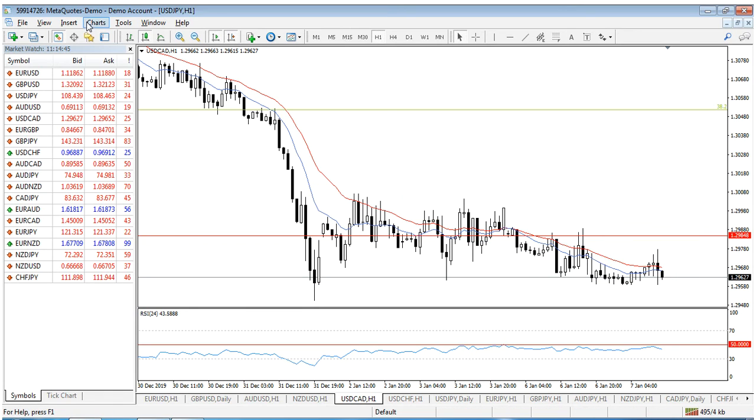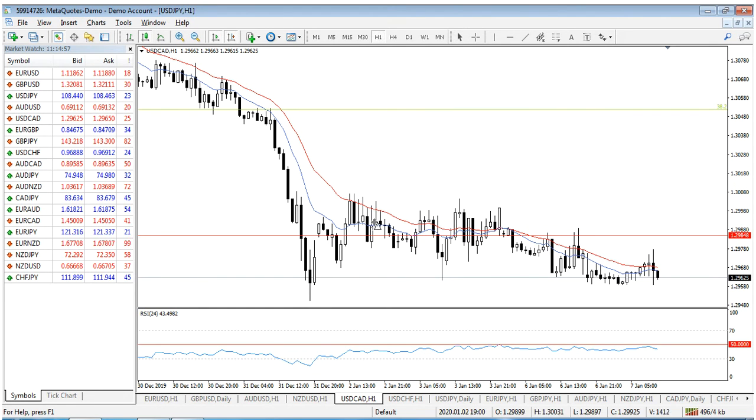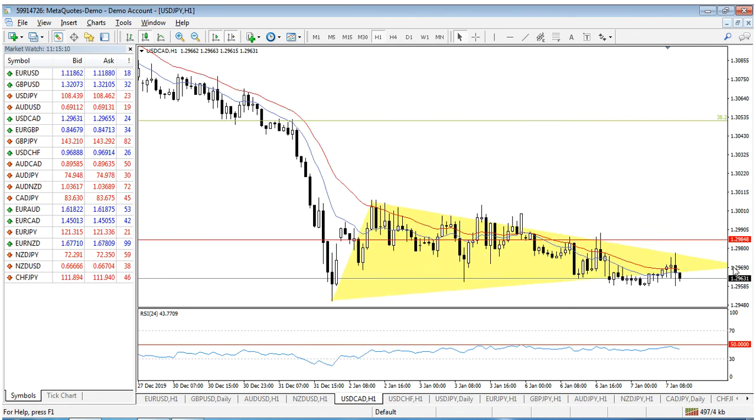Whatever the triangle, the main theme of the triangle is to show a further breakout in the direction. So I'll show you what I'm trying to tell you. Instead of a rectangle, I now see this price moving like a triangle, like this.